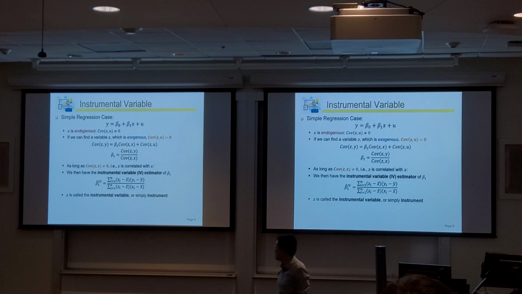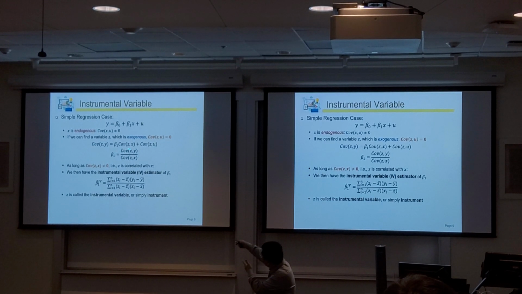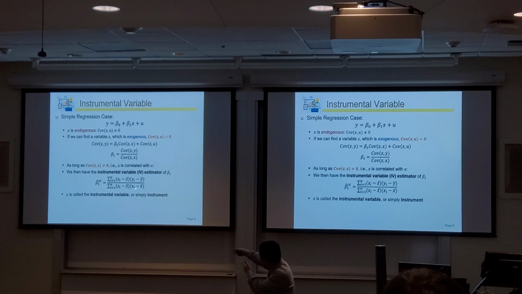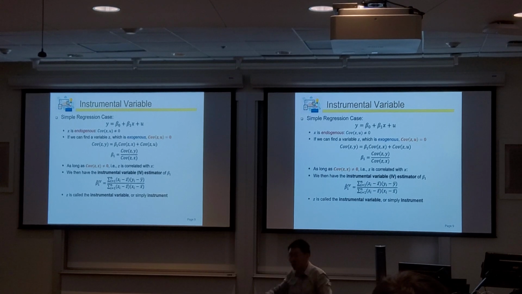All right? So this is like a theoretical covariance. Then the sample value is just like that. You estimate the sample covariance between z and y, and divide it by the sample covariance between z and x. And then you use that. This will be the so-called IV estimator of beta 1.